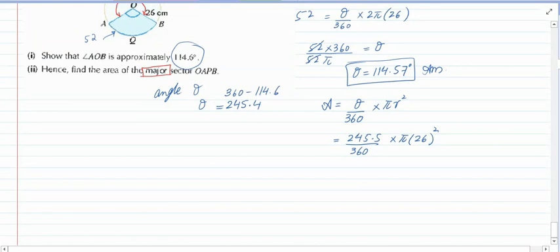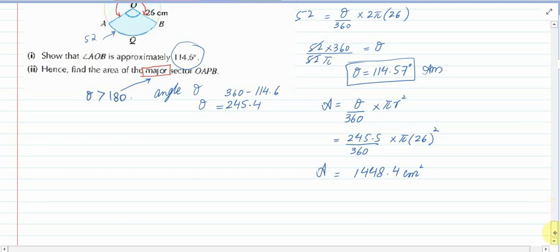So 245.5 multiply by 3.142 multiply by 26 square and divided by 360. So the area is 1448.4 centimeter square, right? So make sure that when you are using the major sector, theta must be greater than 180. If it is not, then you need to find the angle of the major sector first, right?